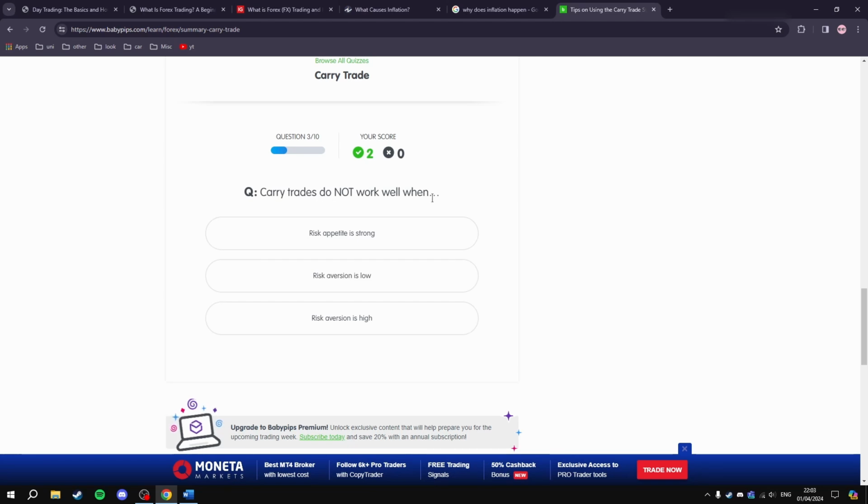Carry trades do not work well when risk aversion is high.